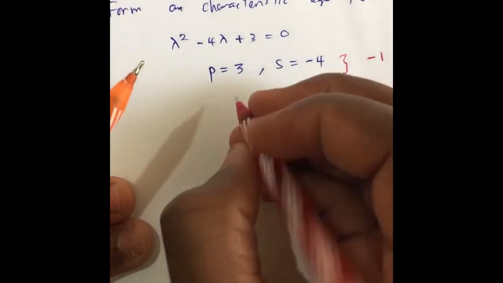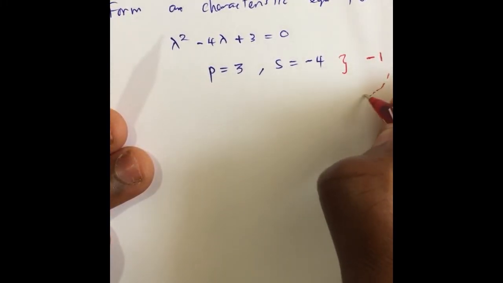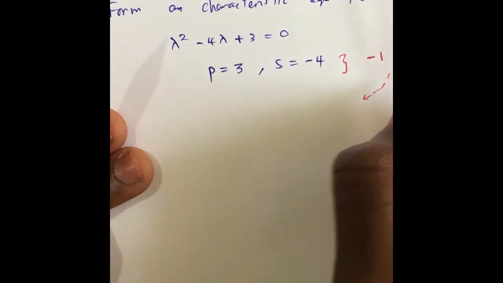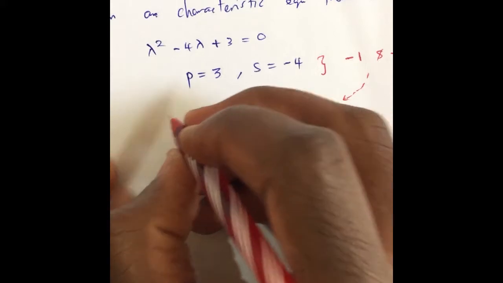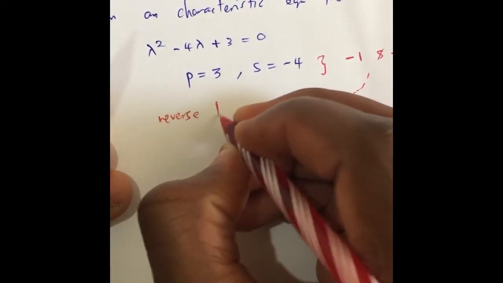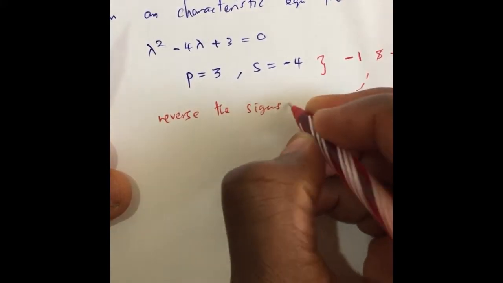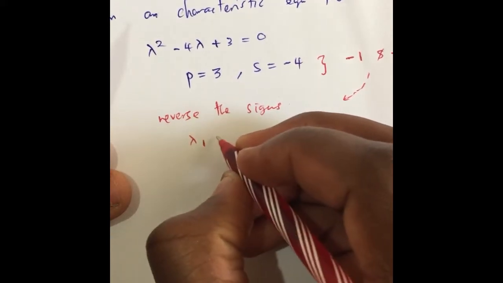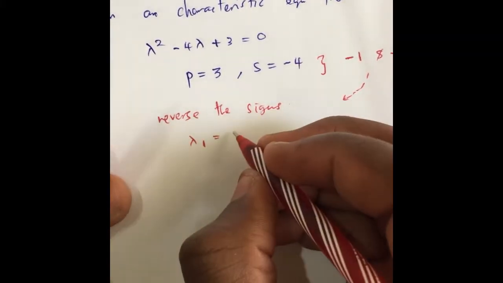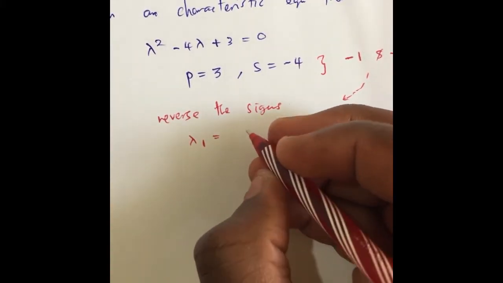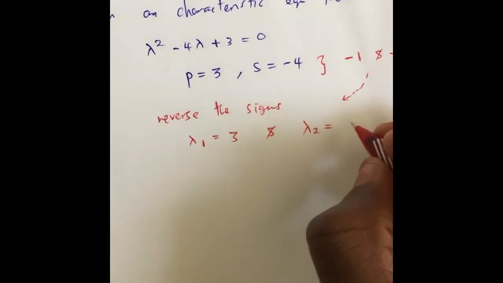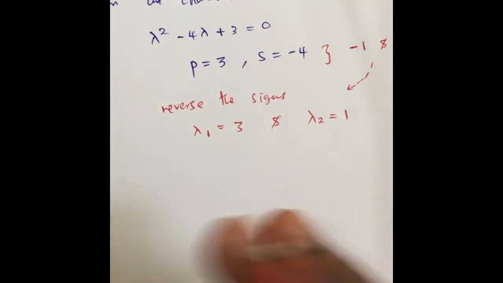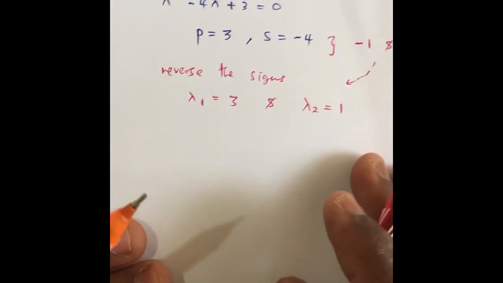So if you get these, the easiest way, don't go plugging this in. Simply reverse the signs, and then your lambda 1 will be 3 and your lambda 2 will be 1. Just reverse the signs, it's the same thing.